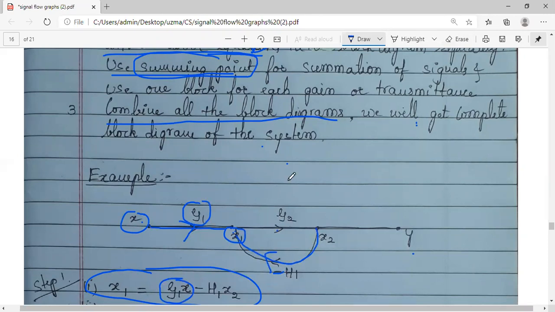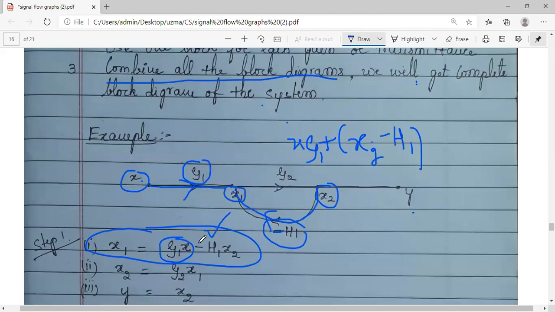What is the second incoming signal? From x2 with the gain value minus h1, it is coming to x1. So x2 node value into the gain value minus h1. When you take this bracket out, the negative sign will come here. So this is your first equation for x1.